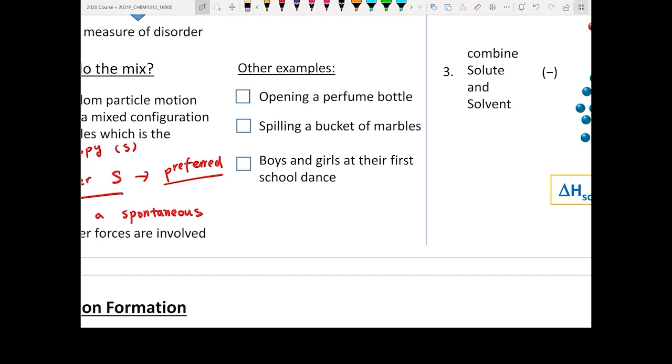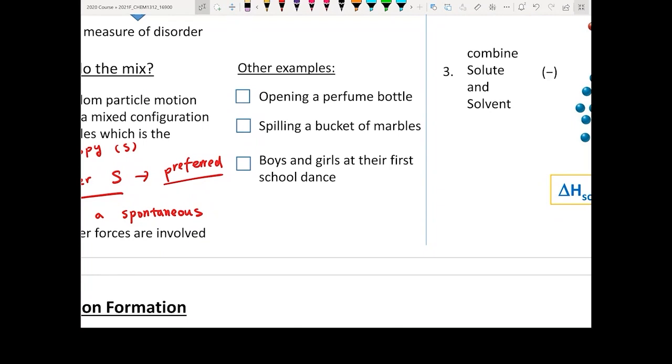How about the third example? If today you have boys and girls at their first school dance, will they mix well? They won't, right? Why? Because there are some extra interactions between them. So remember, when I said that mixing is spontaneous, there's a prerequisite: that means there's no interaction between molecules in the beginning.